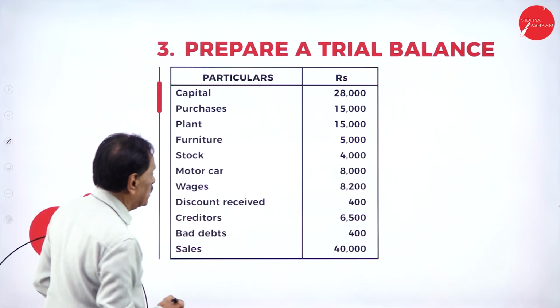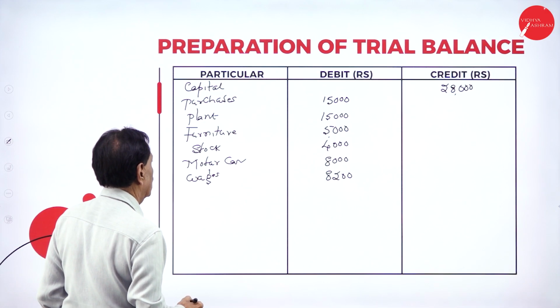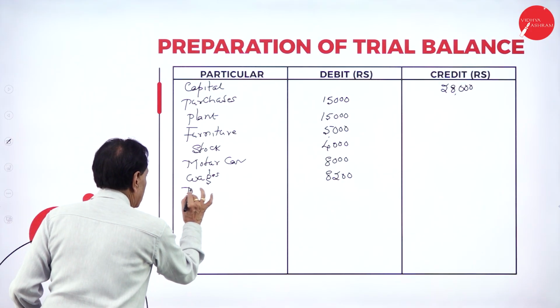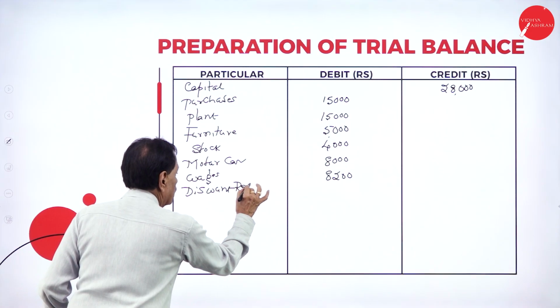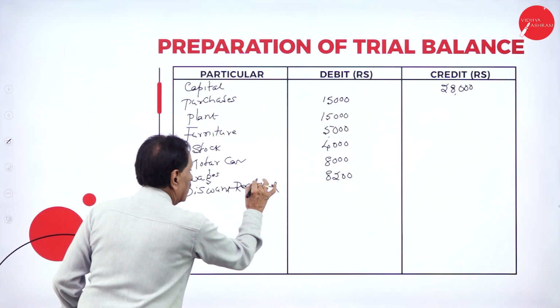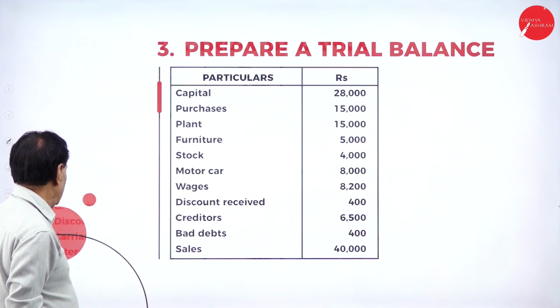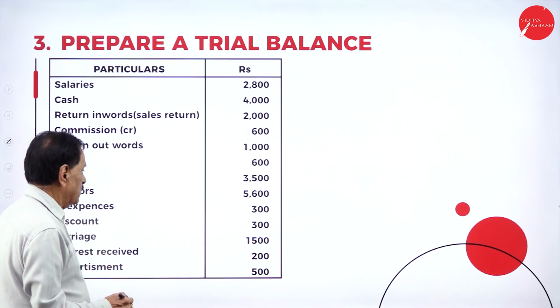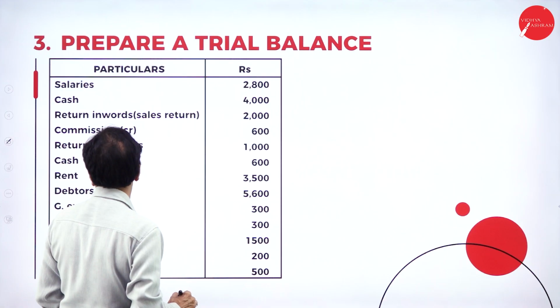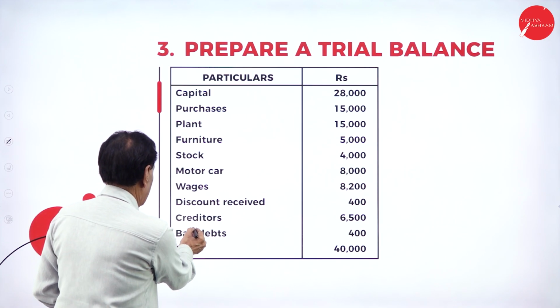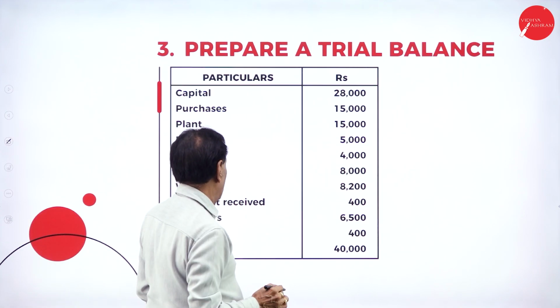Discount received. Discount received is income. How much discount received? 300. Discount received 400.